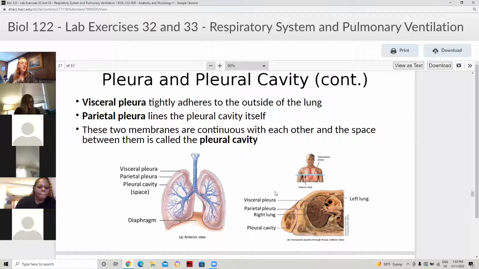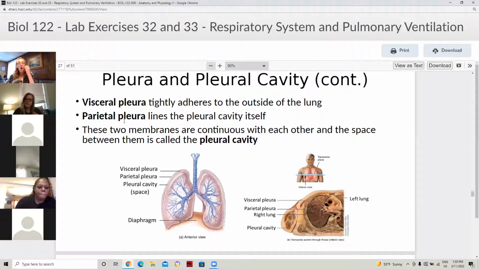These are much more attached. And the reason is because the visceral pleura is sucked onto the parietal pleura under a negative pressure. Does that make sense why I'm telling you there's really not much of a cavity there?